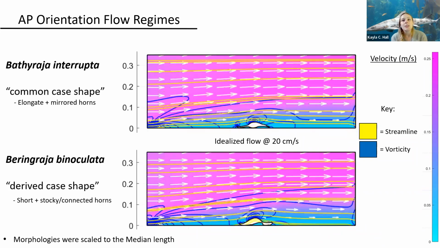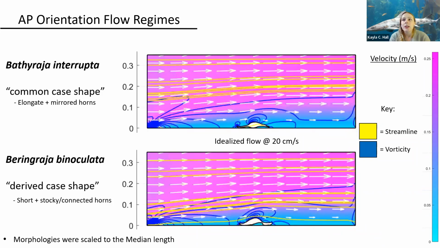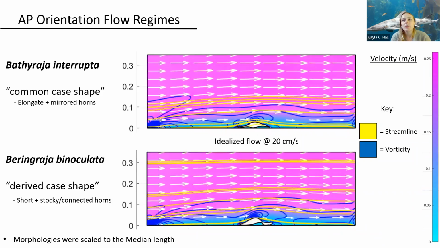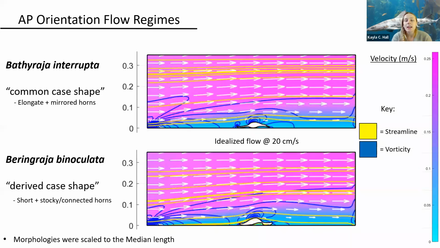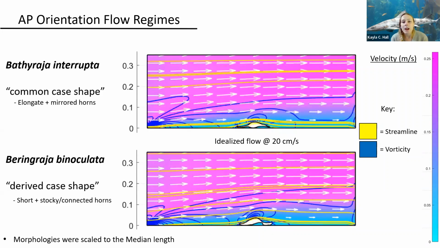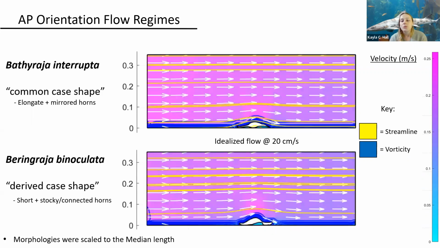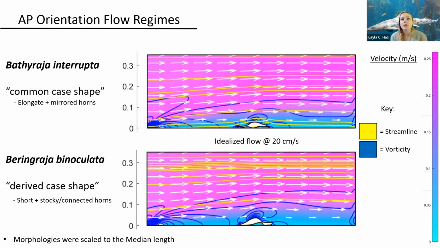So we can see that the flow behind interrupta remains separated for a longer period of time and flows back to a farther distance until it stabilizes. And this indicates that it has a larger wake compared to that of binoculata, which ends closer to the posterior horns and stabilizes a little bit faster.